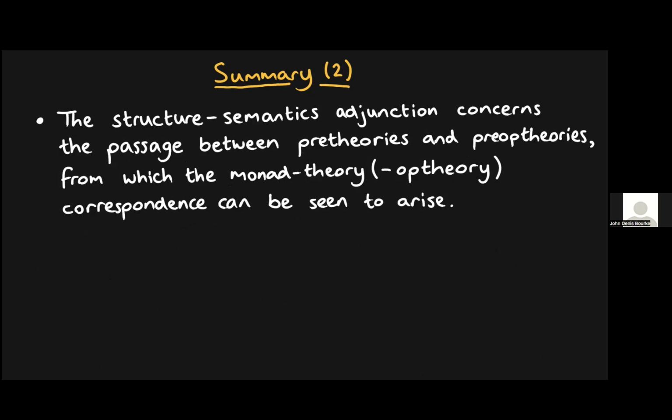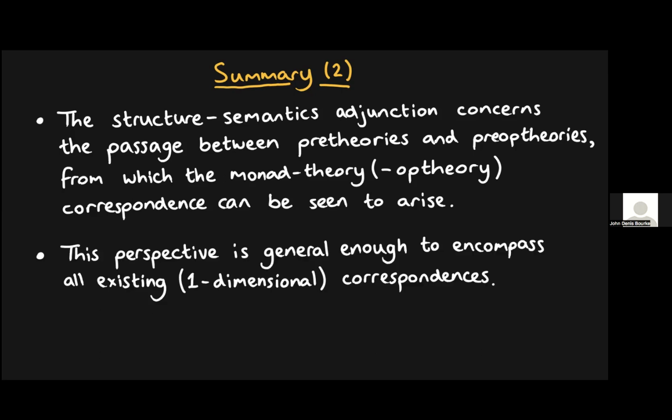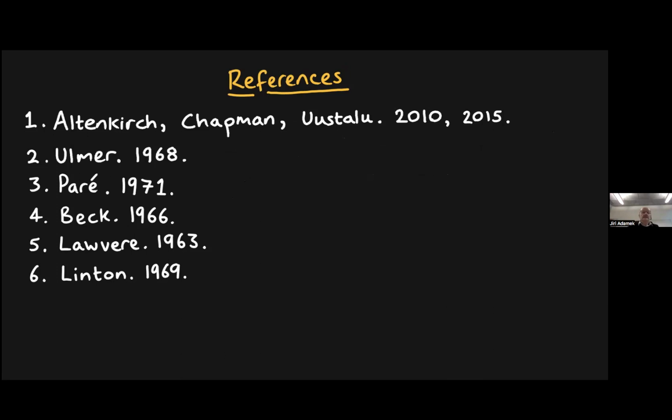The structure semantics adjunction from classical categorical logic is really about the relationship between pre-theories and pre-op theories. And in this way, we can cover the monad theory correspondence. And the justification for this perspective, or one justification, is that we can use it to capture the existing monad theory correspondences in the literature. So it's general enough to do what we wanted to do. I've got some references here, and I'm going to stop there.